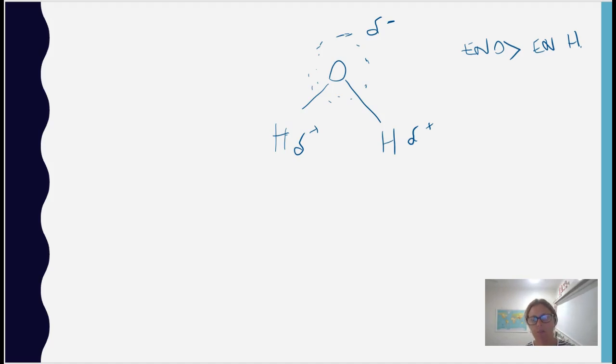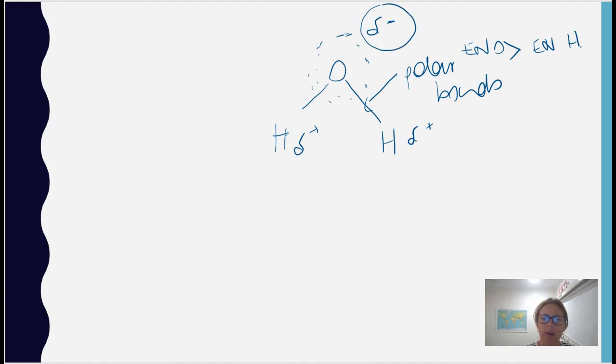The electrons are spending more time in this side than the other, and there is a slight difference in that charge there. Now, we have different things called polar bonds and polar molecules, and they are slightly different. In this case here, these are polar bonds. But there is a difference between polar bonds and our polar molecules. If we look at the polarity of a molecule, we are looking at what is the difference.